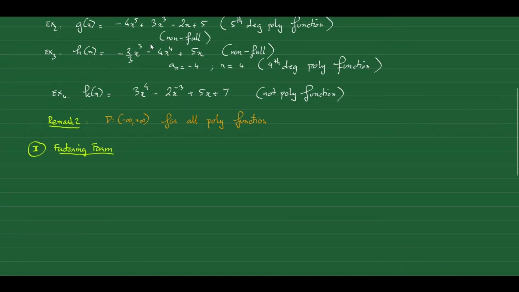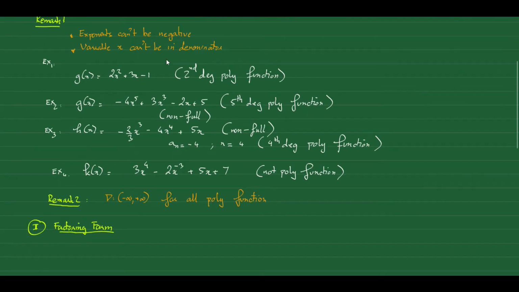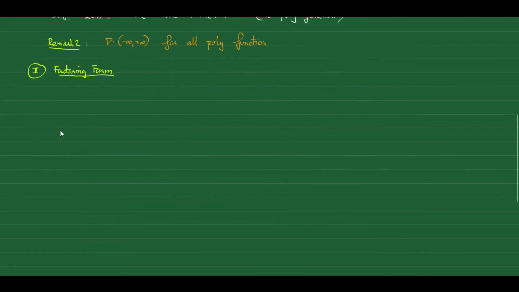This is what the factoring form looks like: f of x equals a times (x minus z sub 1) raised to the m1, times (x minus z sub 2) raised to the m2, times (x minus z sub 3) raised to m3, up to (x minus z sub n) raised to the m sub n.